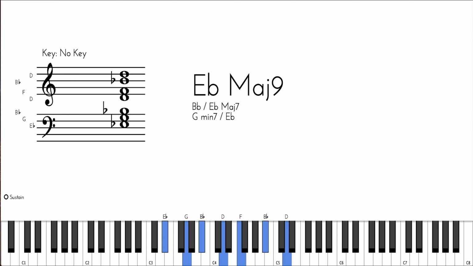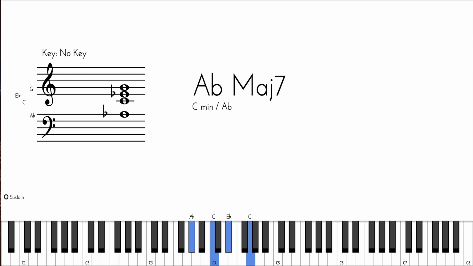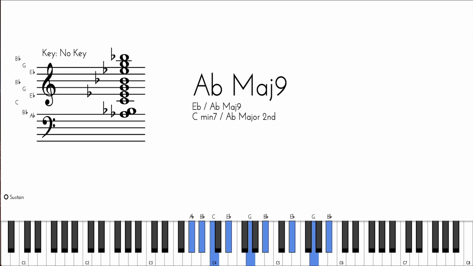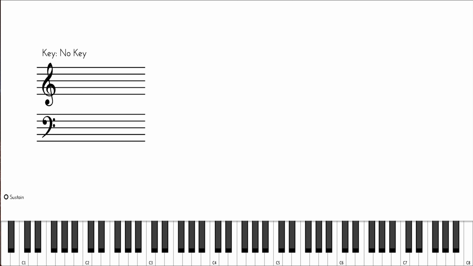Really cool sound. Let's try A flat. So we have 1, 3, 5, 7, 9. And then the 5th note is E flat. So we know we can take that E flat major triad and stick it over top. Okay, so that's the major 9 extension.